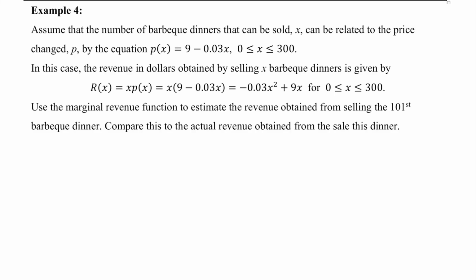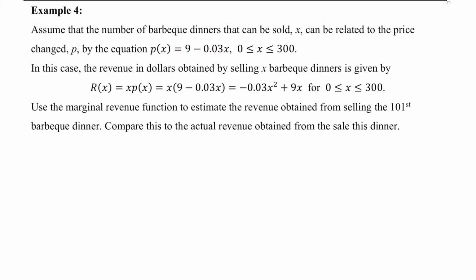Now, let's work through example 4. Before we start solving it, let's first take a moment to understand what information is given and what the problem is asking us to do. The problem tells us that the number of barbecue dinners sold, which we call X, is related to the price per dinner, which we call P, by the equation P of X equals 9 minus 0.03X.